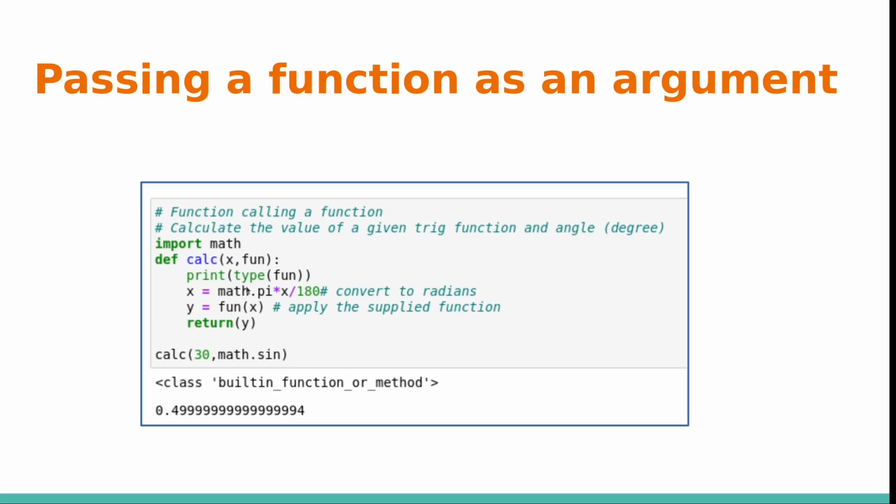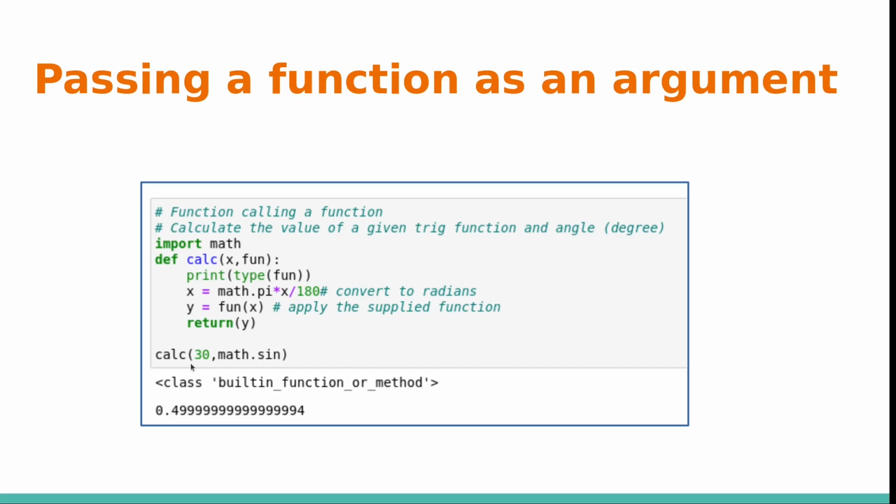Now this fun is being passed as an argument or as an input to calc. What I want to do is call calc, once this function is in the memory, send 30 degrees, and then send the function math.sin. To send the function math.sin, I need to import math, which I'm doing right up here at the top. For fun, math.sin.